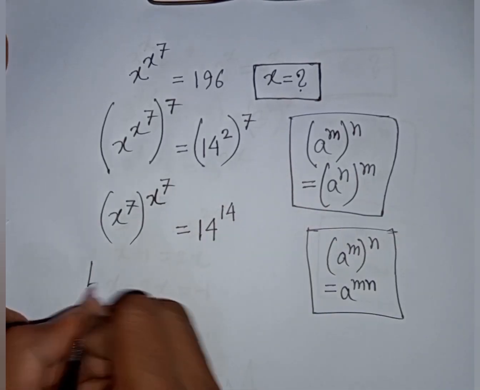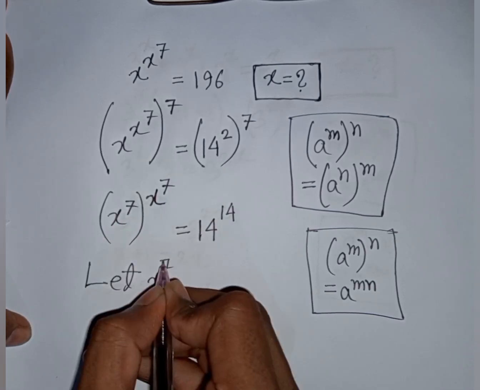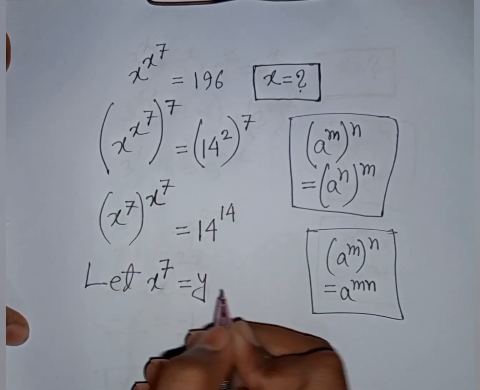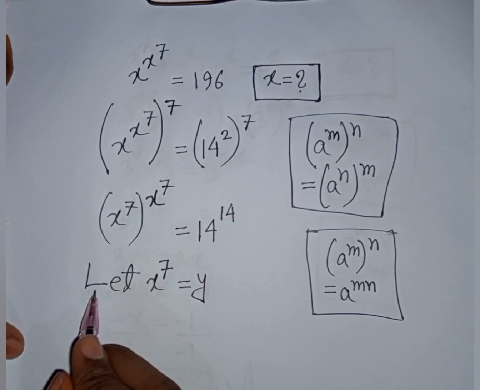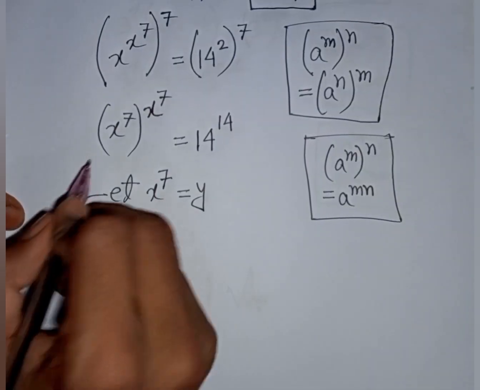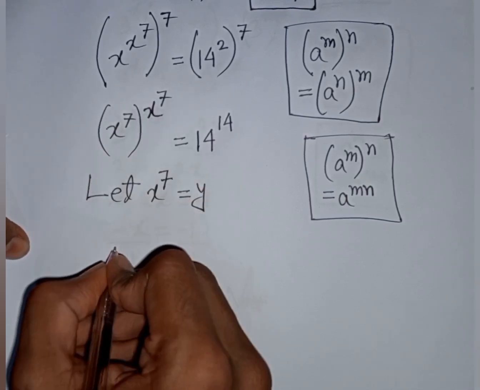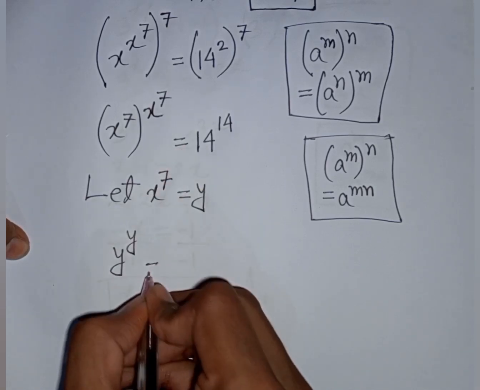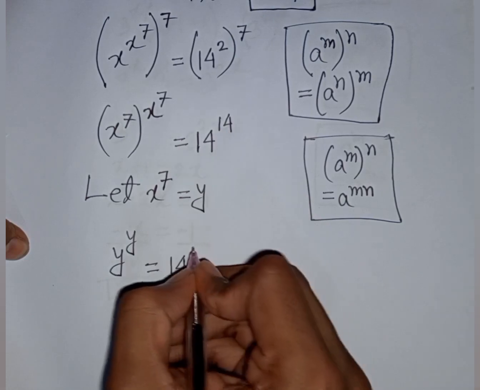Now let x^7 be substituted by y, because x^7 is the same in both terms. So our equation will be y^y is equal to 14^14.